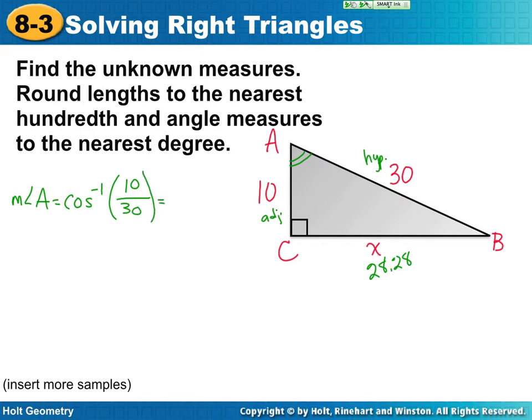So what angle, oh great calculator, has a cosine of 10/30? It would round up to 71 degrees.